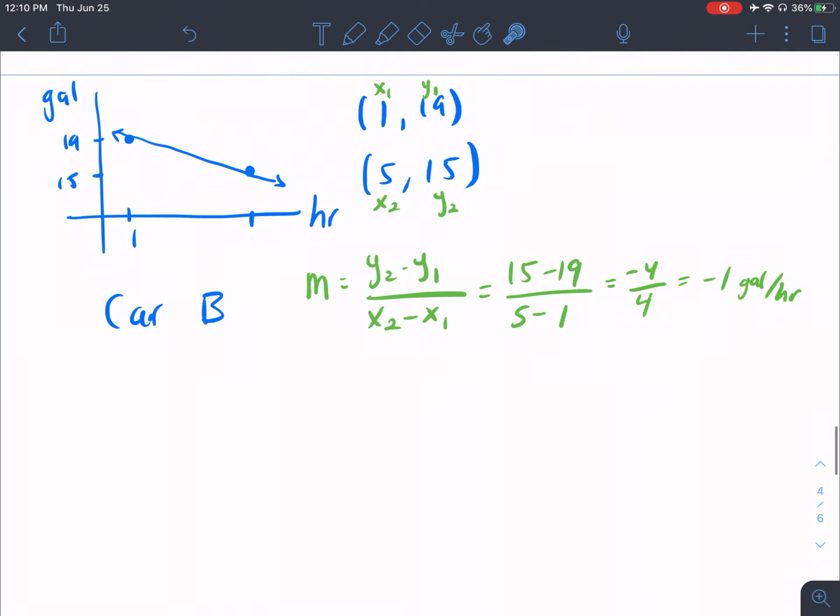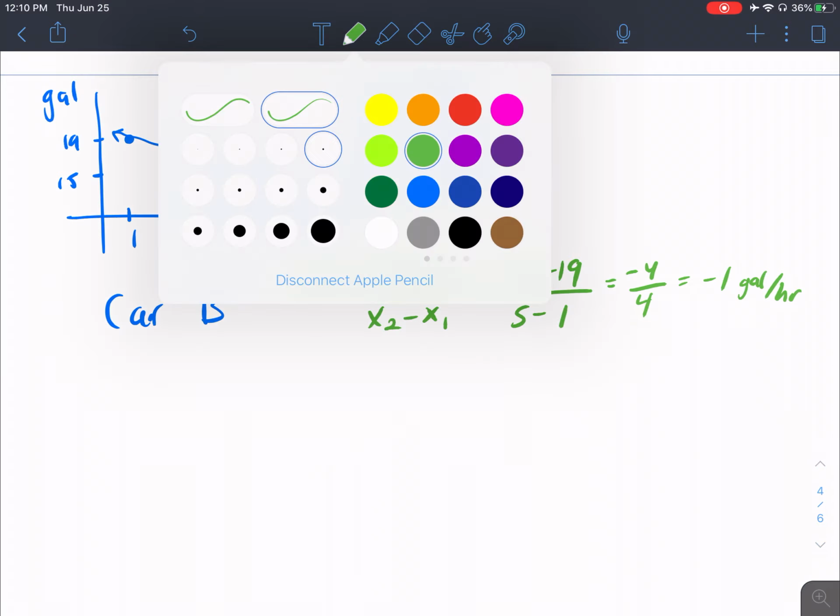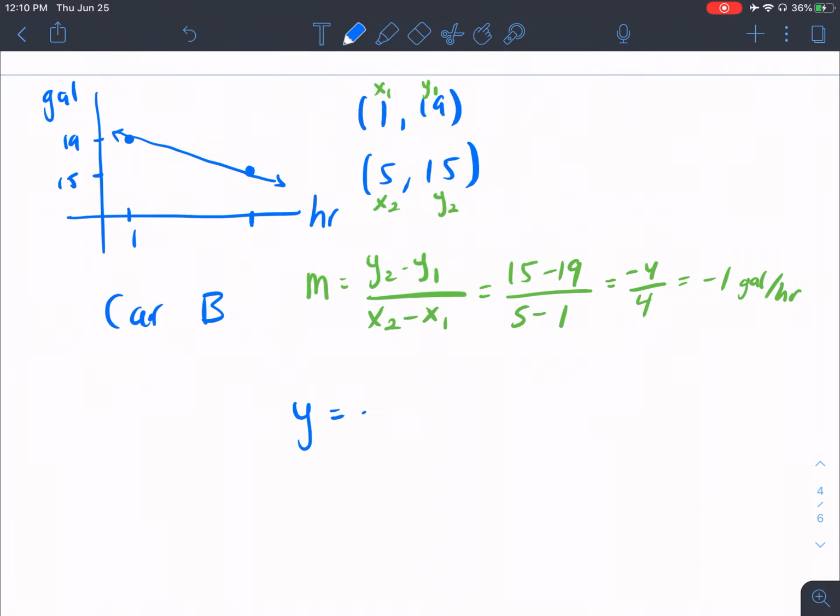Again, we want to find the initial amount, our b value. I know my linear function has to look like this. So I want to use a point, either of these, and plug it in to find out what my b value is. Let's pick this one this time.